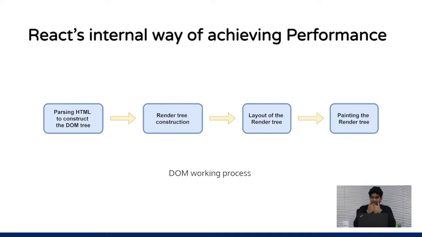So that's the second point here. In the next point, the layout phase, it will calculate the positions of every node in the render tree. Every node means every HTML element.